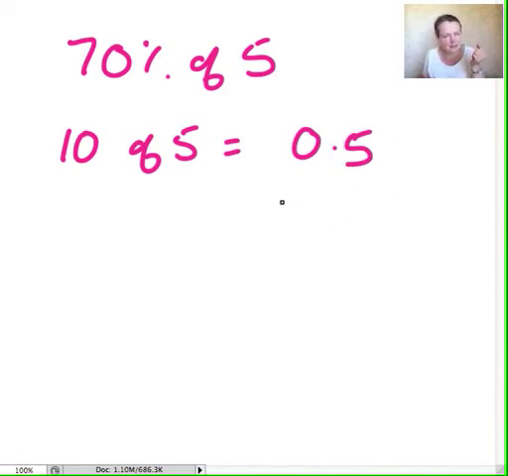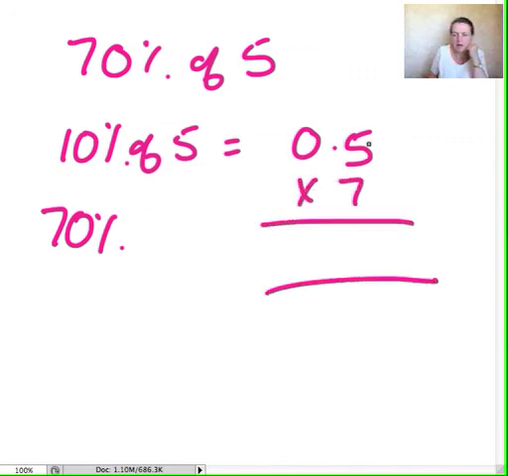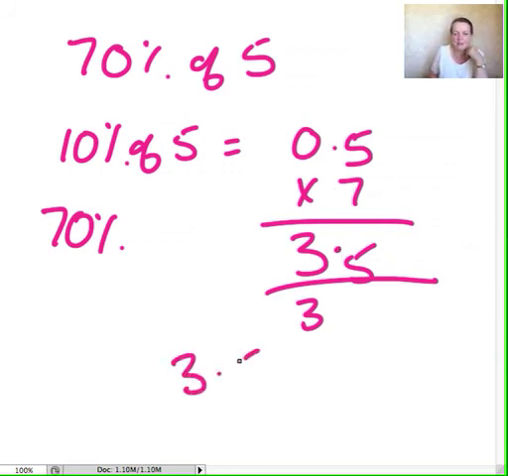I think I've just made it more confusing, but never mind. If 10% of 5 equals 0.5, we want 70%. So if you multiply this side by 7, you multiply that side by 7. 5 times 7 is 35. One number after the decimal point, let's bounce it in. So the answer is 3.5.